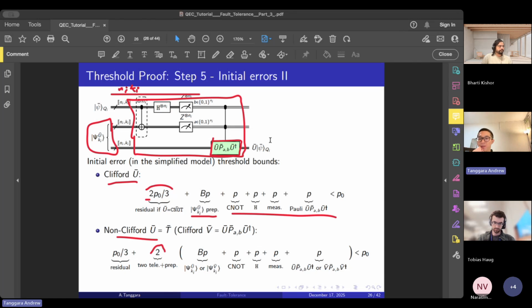I'm not sure. I guess that will depend on, if I take some U bar from the fourth level, what the minimal decomposition of that U bar is into Cliffords and gates in the third and second level.